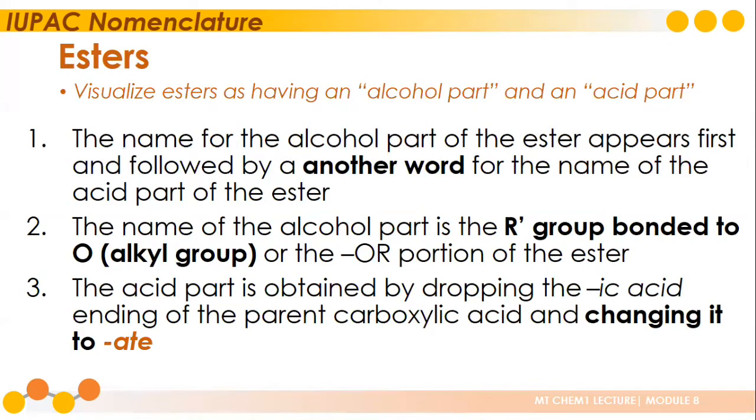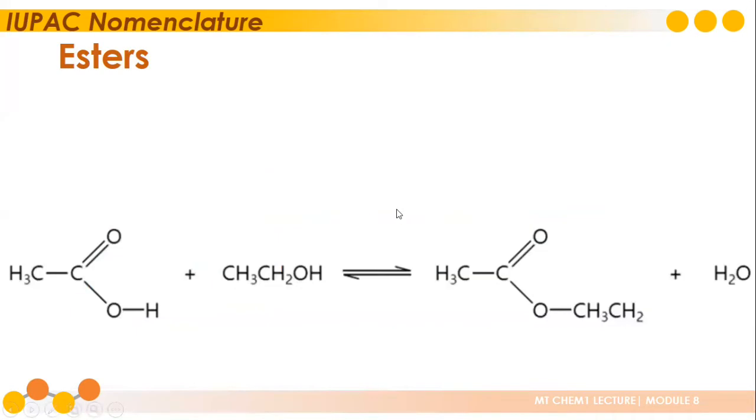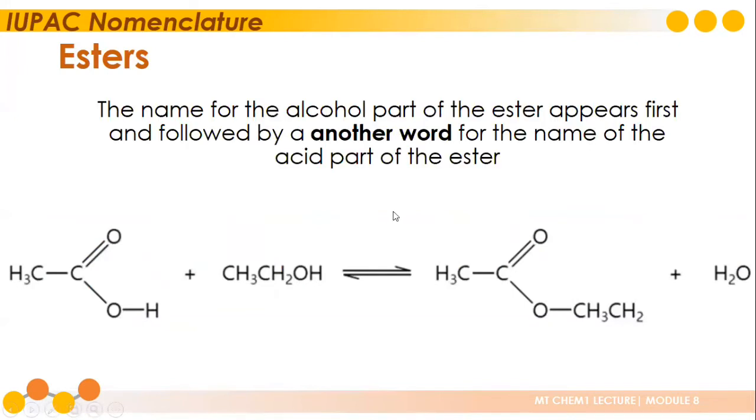Let's take a closer look at our rules for the IUPAC nomenclature of esters. Our first rule is that the name of the alcohol part of the ester appears first, followed by another word for the name of the acid part. We noted a while ago that we have to separate the acid part and the alcohol part when naming esters.